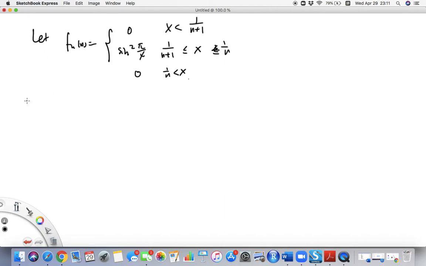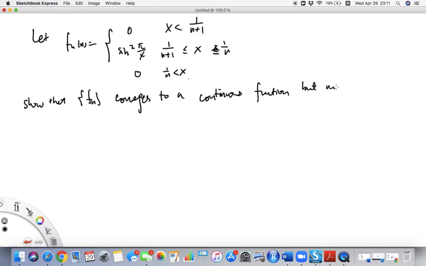Okay, so first show that fn converges to a continuous function but not uniformly.